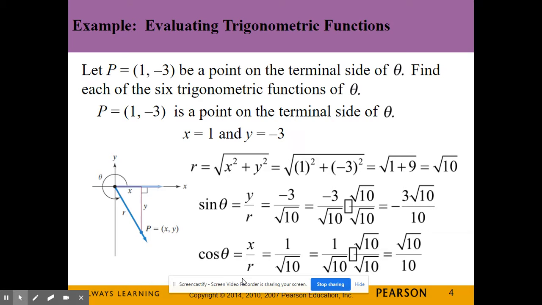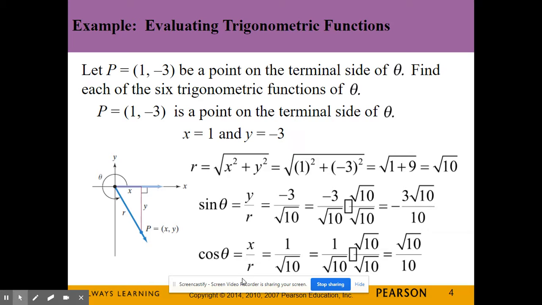So if we're tasked with evaluating a function, and we're just given a point (1, -3), find each of the 6 trigonometric functions of that angle. What you know to start with is that if this ordered pair is (1, -3), then x is 1, y is -3. We can find the r using a derivation of the Pythagorean theorem.